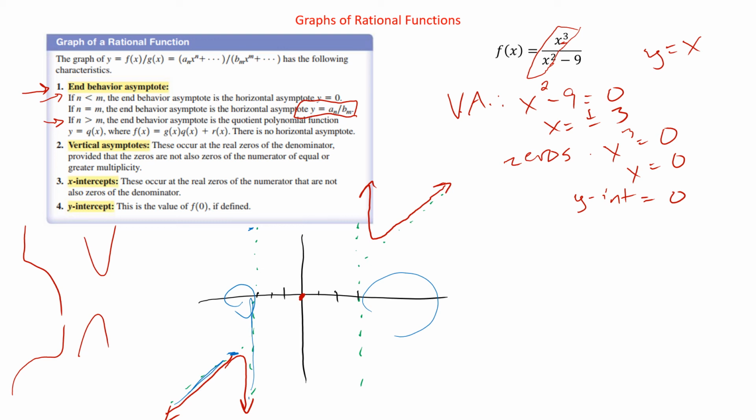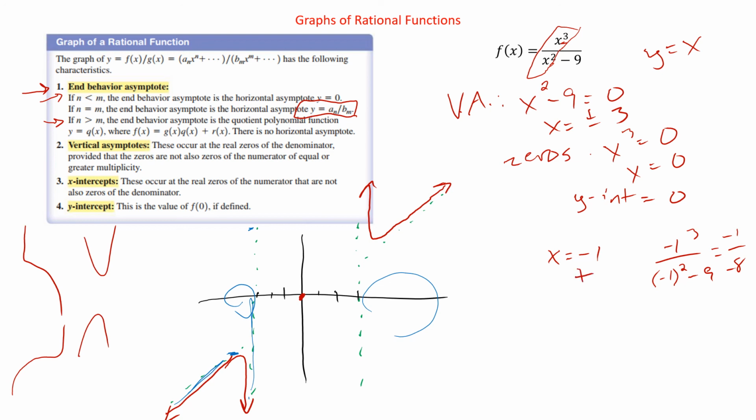So if we plug in -1, we're going to have -1 cubed over -1 squared minus 9. -1 cubed is -1, and then -1 squared is positive 1, minus 9. It's going to be -1 over -8, which is a positive value.